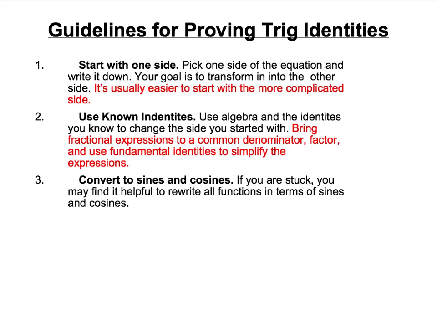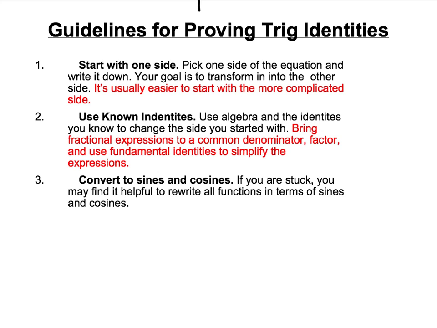But it is pretty tough at first until you start seeing some of the tricks that get used over and over. We typically start with one side and work with that side and try to set it equal to the other. And the way we determine what side to work on is take the more complicated side. It's easier to work around with. There's more things going on, more possibilities of using our identities.